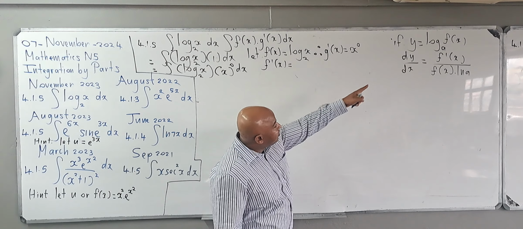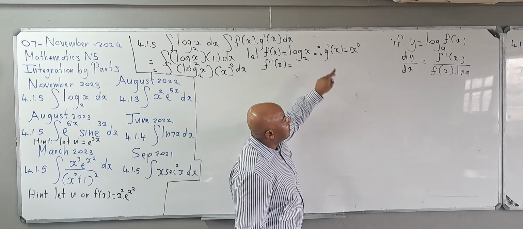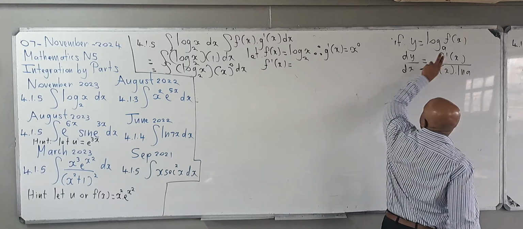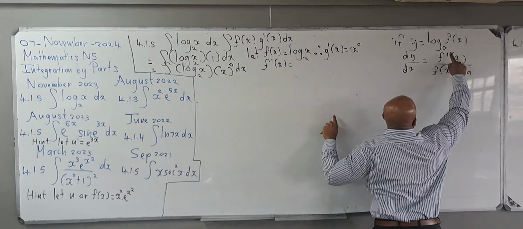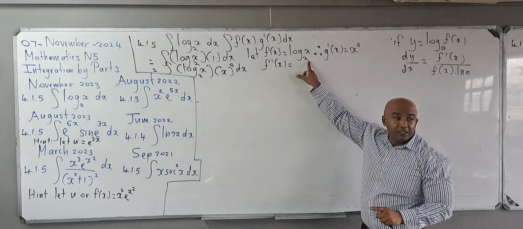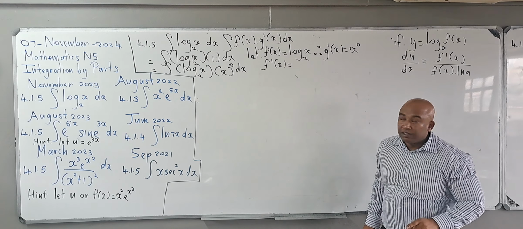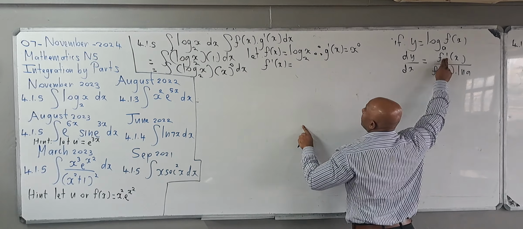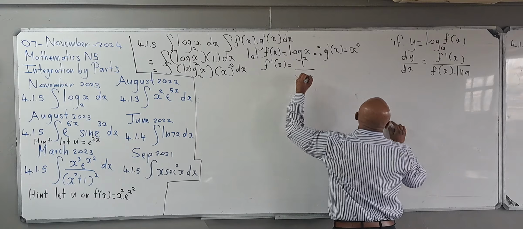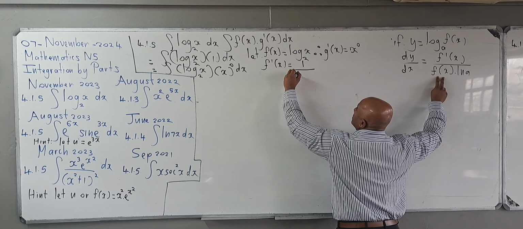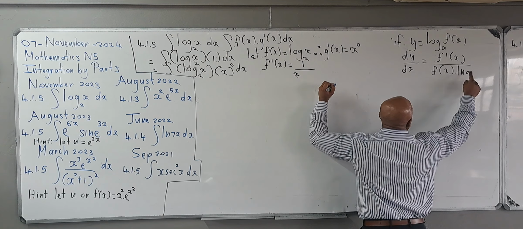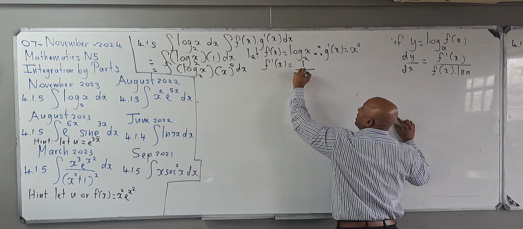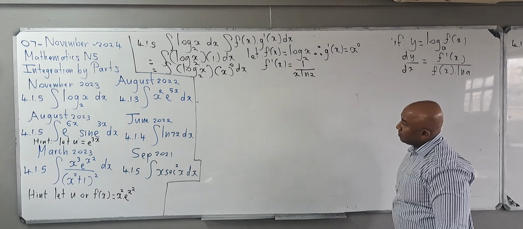In this case, my f of x here is x, and the base a is 2. So the formula gives f prime x, which is 1, all over f of x, which is x, times ln of the base, so ln 2.